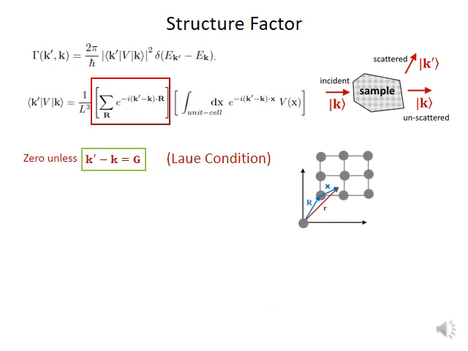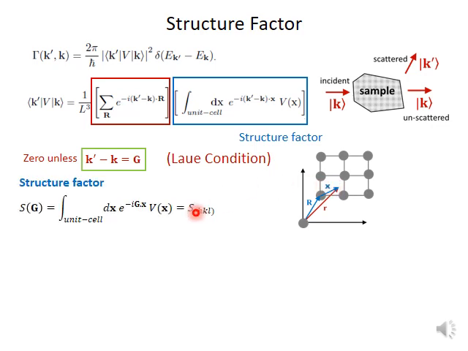Now coming to the second part of the matrix element, which is this integral within a volume, within a unit cell. This is called the structure factor of a unit cell within the crystal, where x is a certain coordinate within the unit cell.